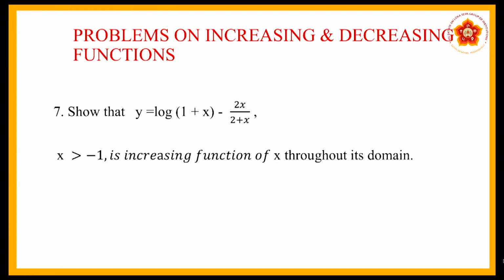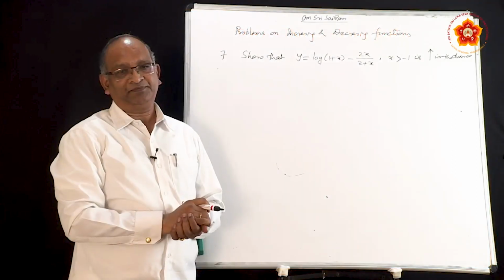Show that y is equal to log of 1 plus x minus 2x upon 2 plus x, x is greater than minus 1, is an increasing function of x throughout its domain. So, this is our problem.